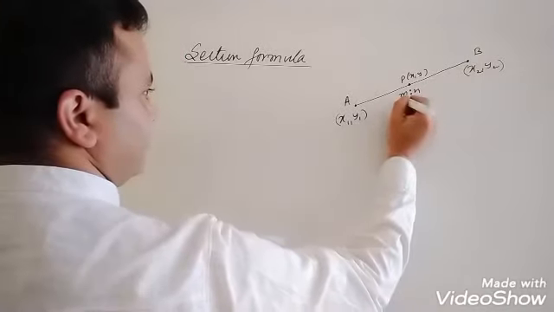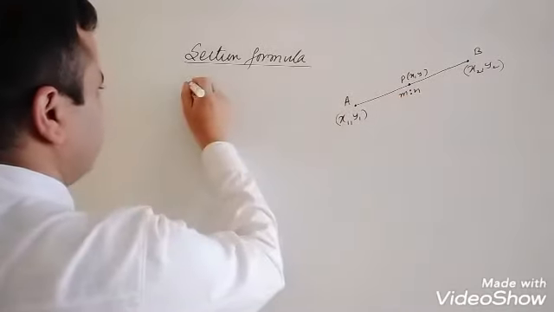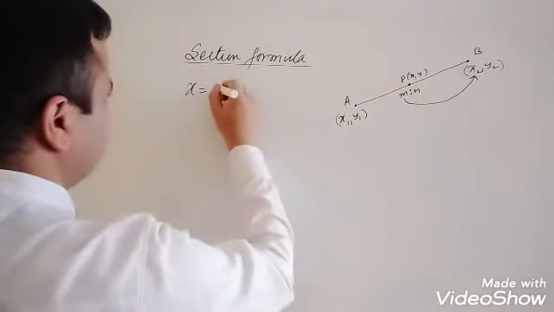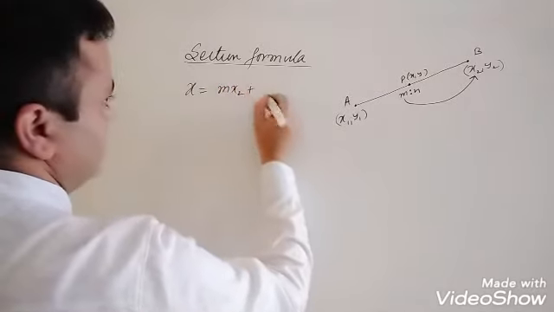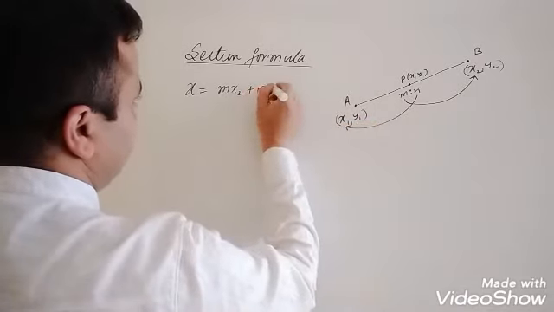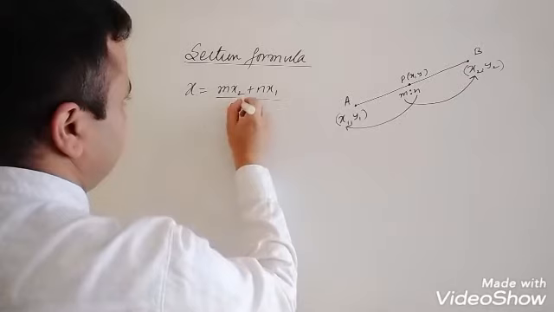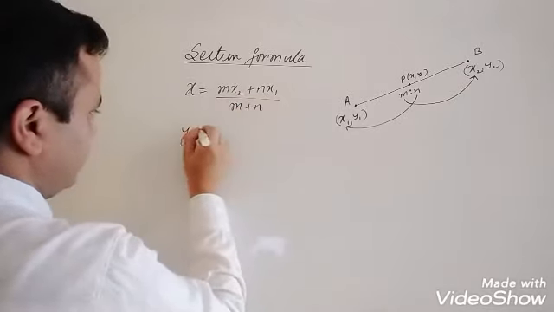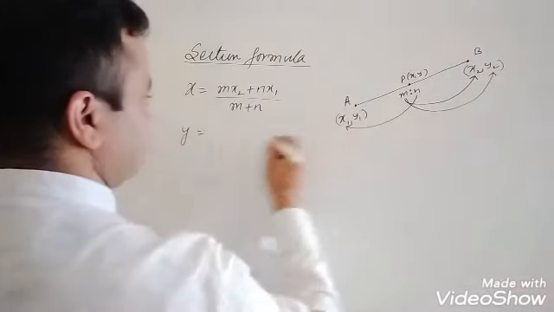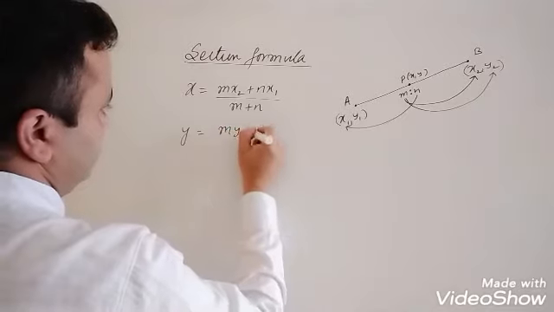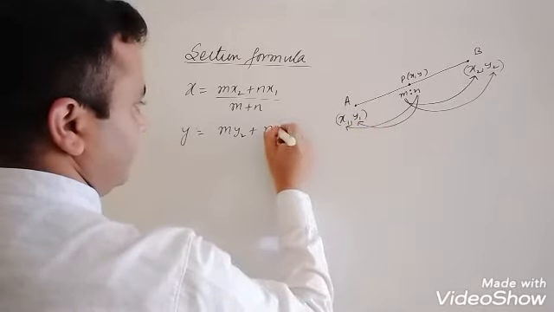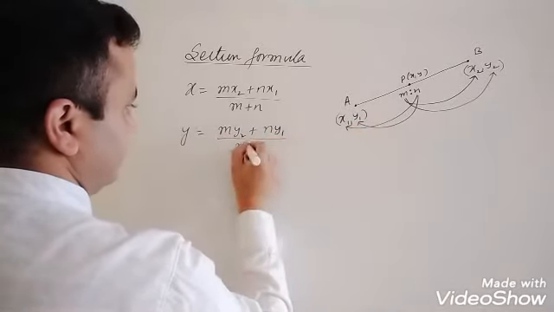We can do it in this way also. For calculating x, x equals mx2 plus nx1 divided by m plus n, and similarly we can calculate y: y equals my2 plus ny1 divided by m plus n.